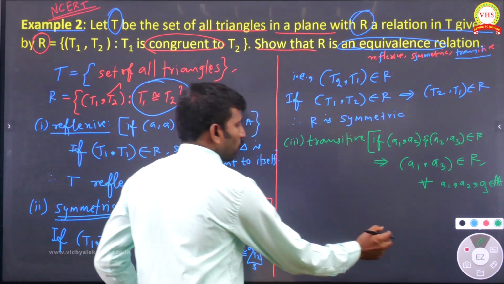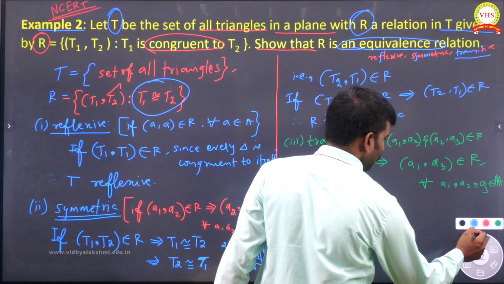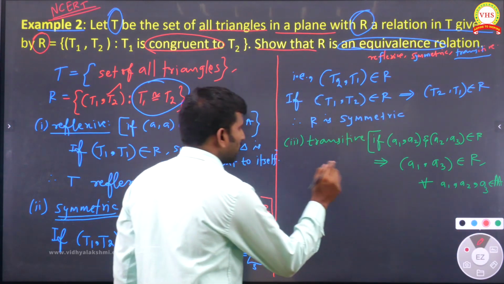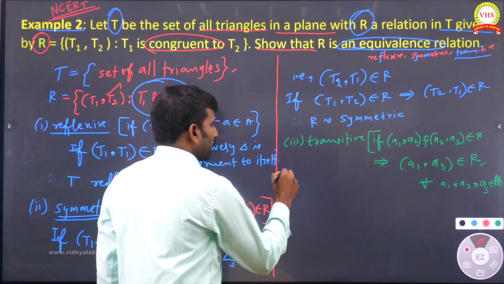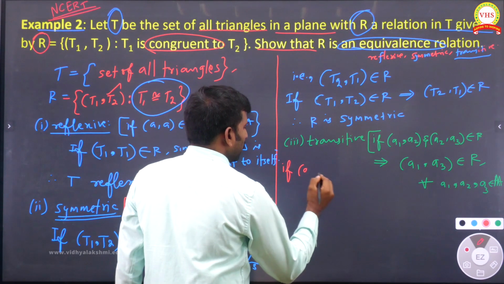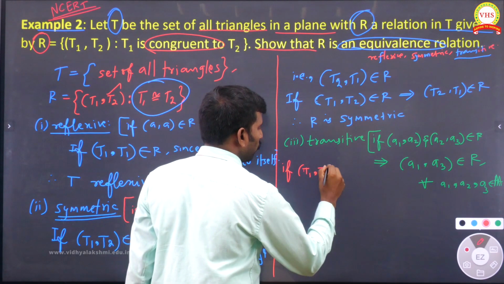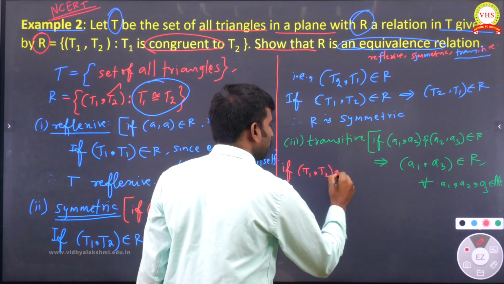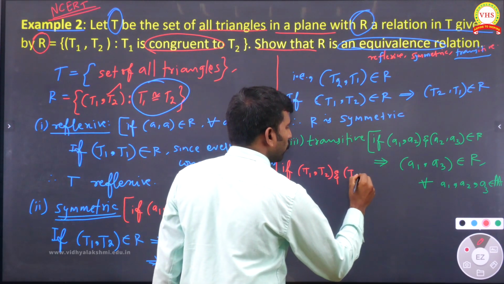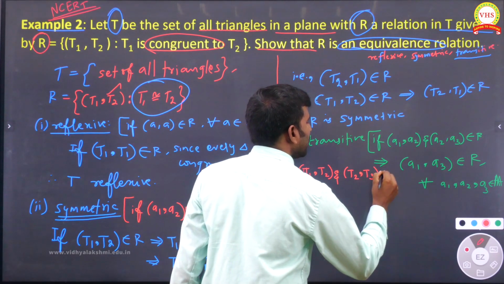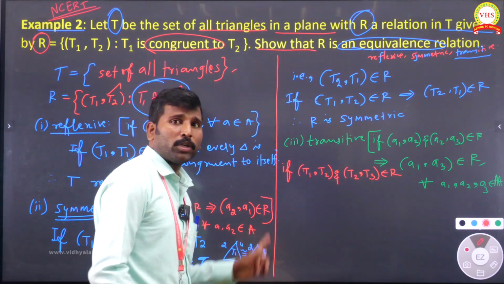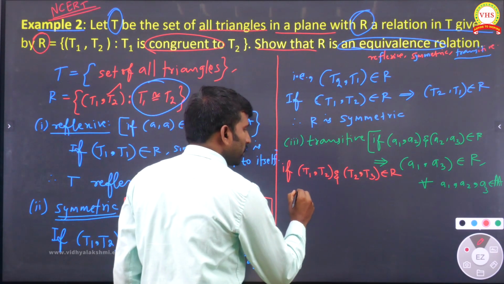Right. So let's go to the answer. What is the answer? First we have to assume that (T1, T2) and (T2, T3) belong to R. What is the meaning of this line?